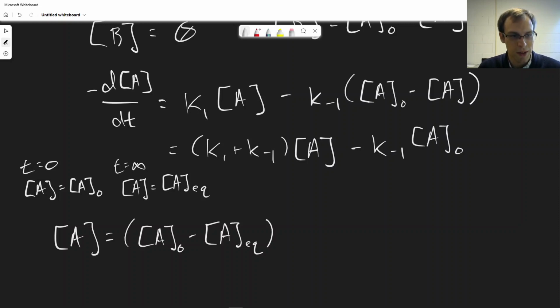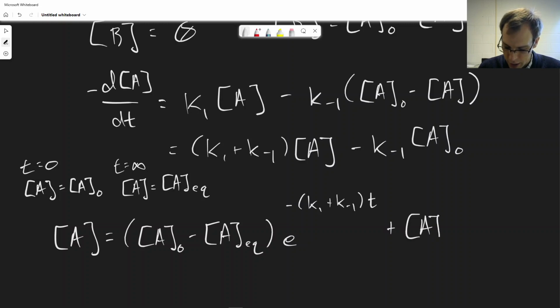Okay, so we have this difference between these two, and it's an exponential here, e to the minus k1 plus k minus 1 times t, sort of our combined rate constant there, plus concentration of A at equilibrium.